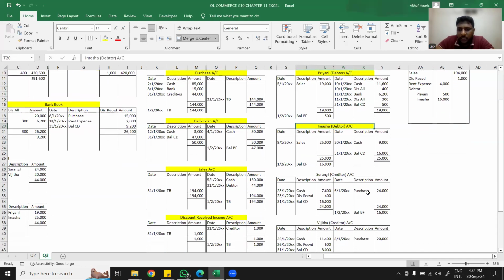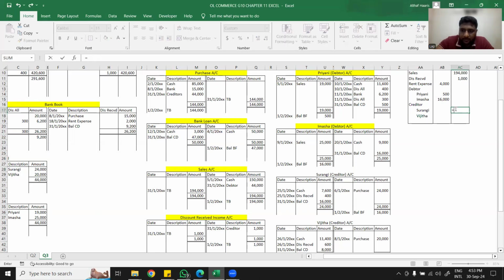Then Suranga and Vijita creditors. Creditors, liability, credit side.